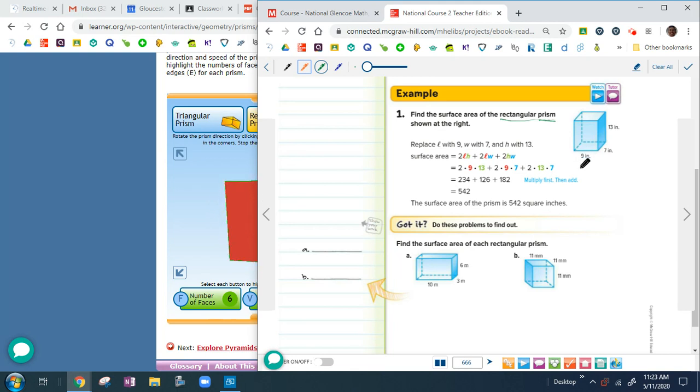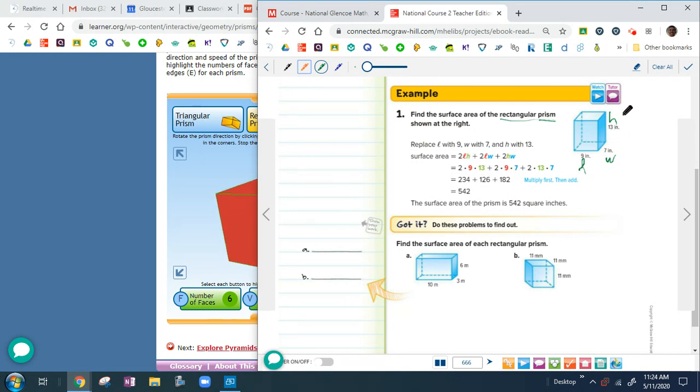So what we'll do is we'll write an L for that one. The height is 13, so we'll write a height there, and then we'll call 7 the width. It does not really matter which one is which. You just need to make sure you label L, W, and H for the 3 dimensions of the rectangular prism.